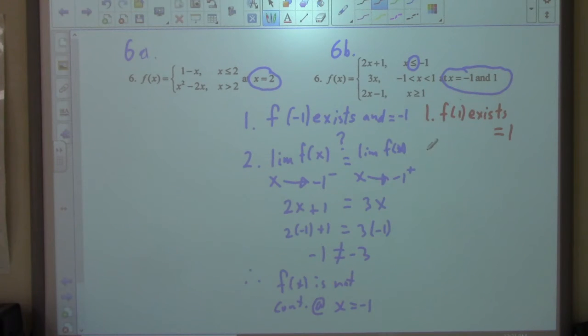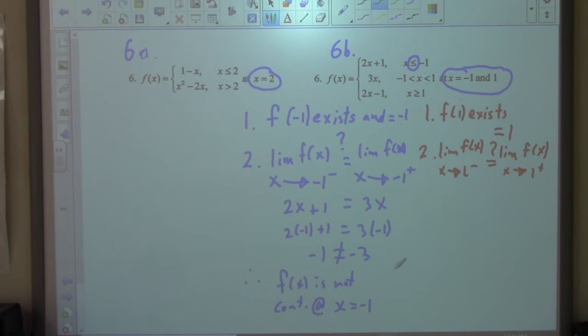So condition 2, we say limit as x approaches, in this case 1, from the left side of f of x equals question mark, limit as x approaches 1 from the right side of f of x. Is that true? Which one's the left side of this one? The 3x, right?